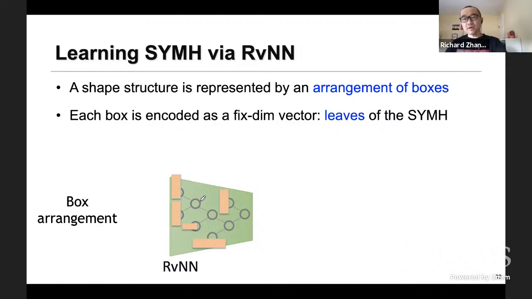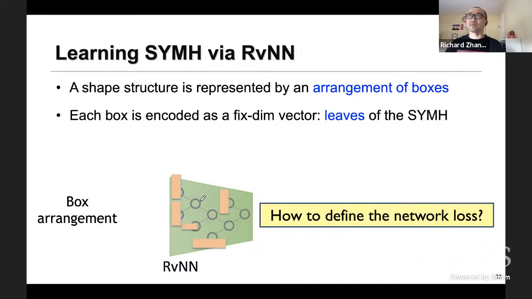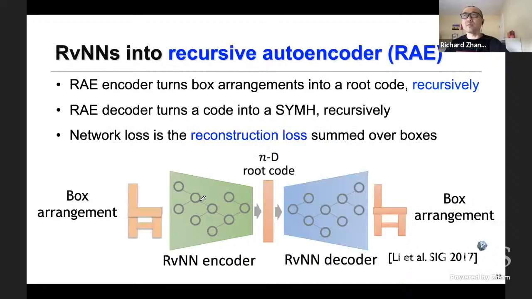Now we need some kind of a network loss to define what would be a good order to perform this recursive combination of the nodes. So this was the first innovation beyond the previous known works on recursive neural networks. We turned the RvNNs into a recursive autoencoder. The encoder is going to take a set of boxes, a box arrangement, and it's going to recursively combine things.